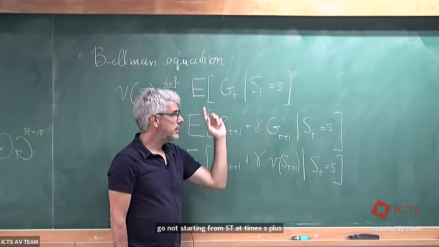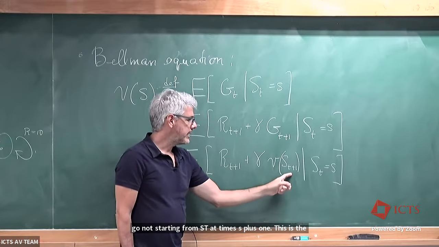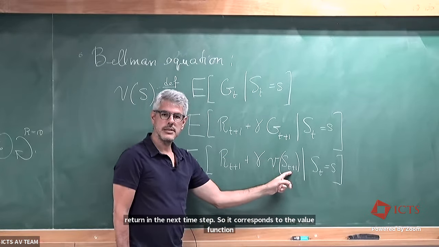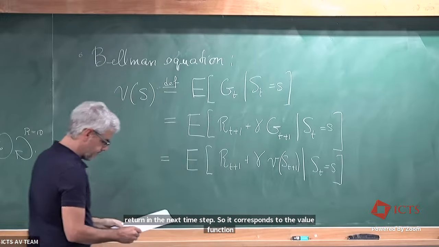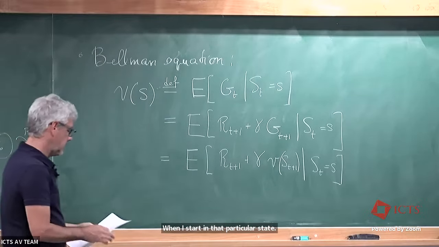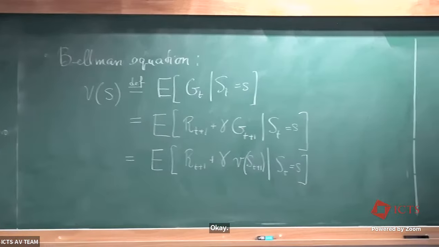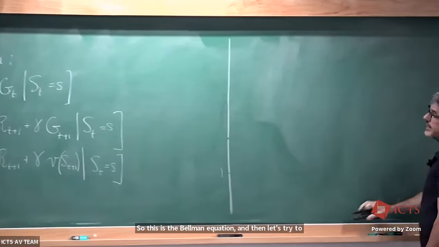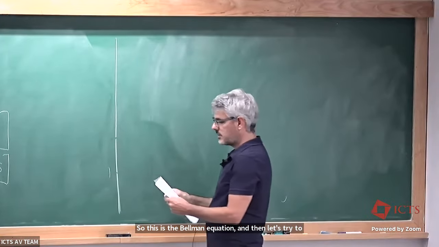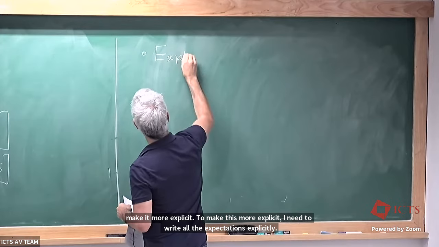This is the return in the next time step, so it corresponds to the value function when I start in that particular state. So this is the Bellman equation, and then let's try to make it more explicit. To make this more explicit, I need to write all the expectations explicitly.